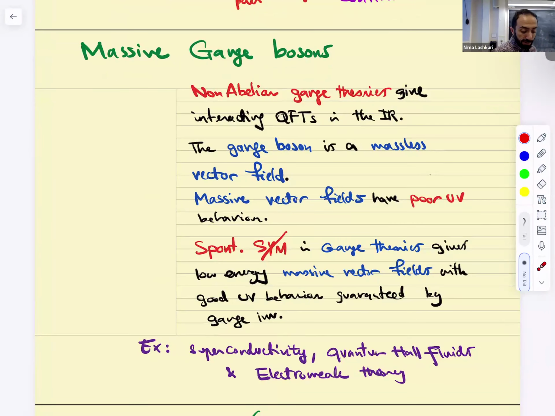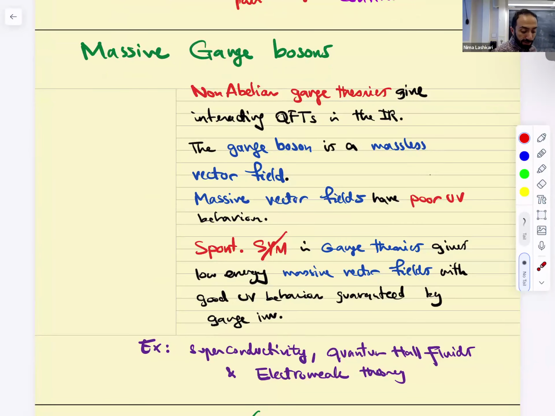So, the goal is to get a massive vector field in the infrared, as a full and meaningful interacting theory.